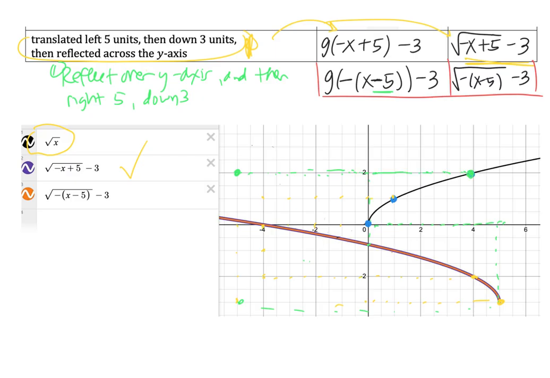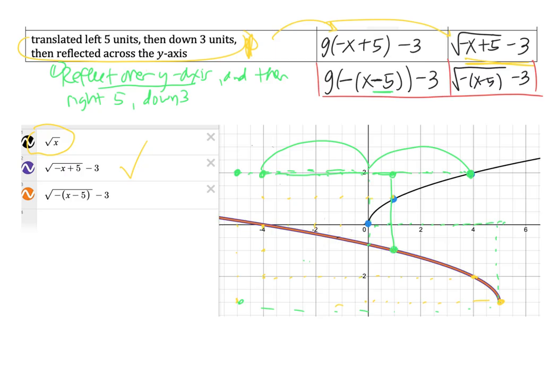I go to the left 4, so I reflect, and I go here to 4, apologies. Sorry, that reflection, I did that wrong the first time. So I'm reflecting over my y-axis, as it says here, reflect over the y-axis. Then I go back 5 units, so I'm here. Then I go down 3 units, and that takes me to this point here.